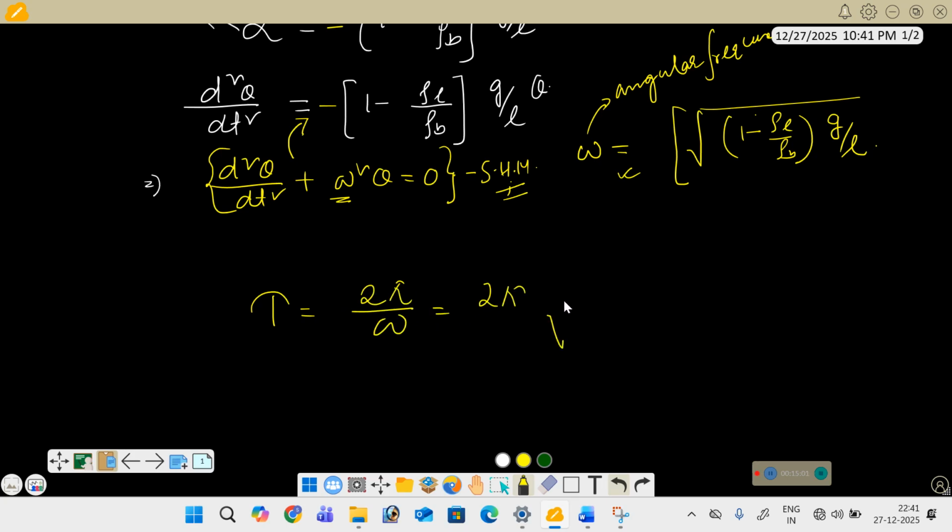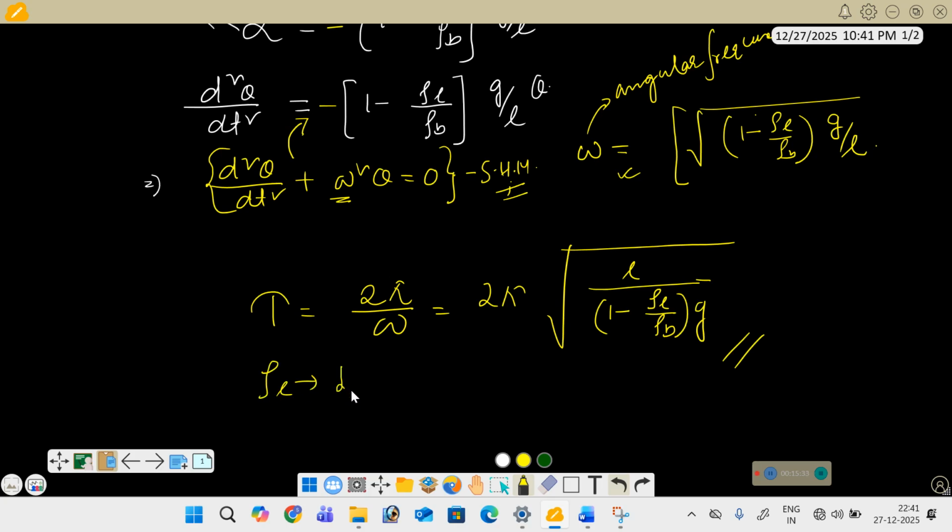So it is 2 pi root over L by (1 minus rho L by rho b) into G. So this is the time period of oscillation of the simple pendulum when it is made to oscillate inside a liquid, where rho L is the density of the liquid and rho b is the density of the material of the bob. So this is all about this question.